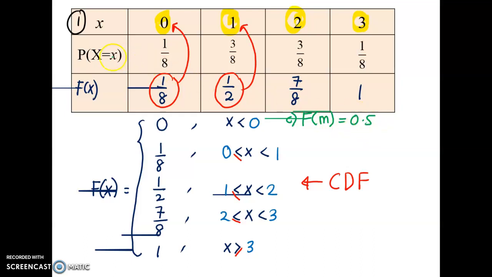So look at the cumulative. We are going to look at the third row here. Where is 0.5? So here we have exactly 1 over 2, which is 0.5. So we have F(1) equals 0.5. So we have our m equals 1. So median is 1.